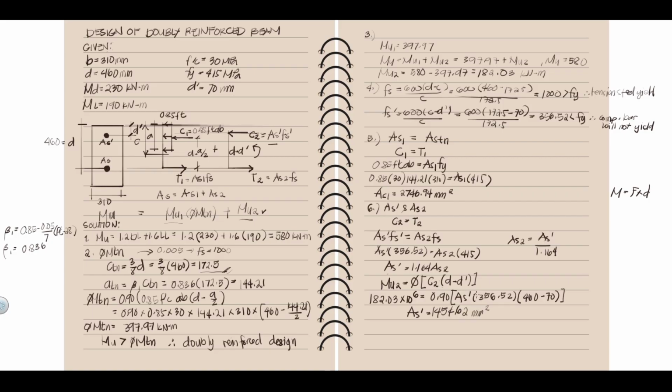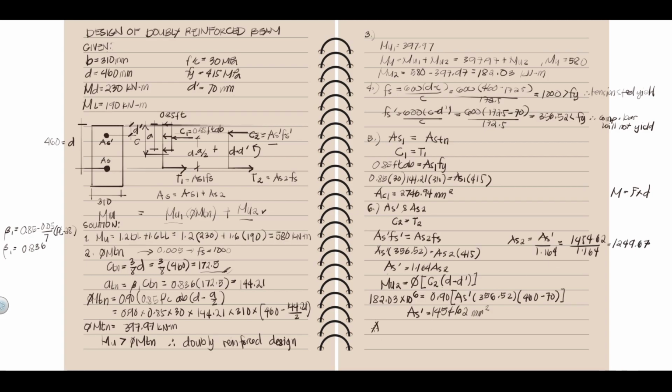mm squared. Okay, and then AS2, from this, AS2 is equal to 1454.62 divided by 1.164. So we will have an answer of 1249.67.